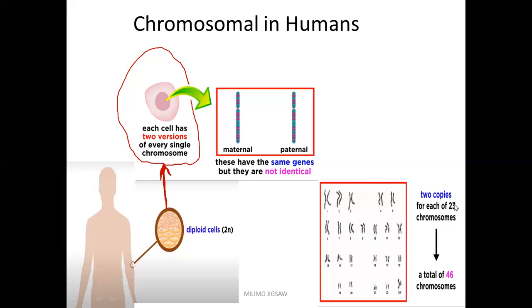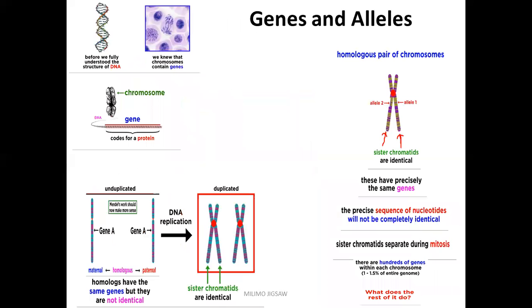So 2 copies of each of the 23 chromosomes make a total of 46 chromosomes in the human diploid cells. Remember, we talked about homologous chromosomes as well. And then we have genes and alleles.